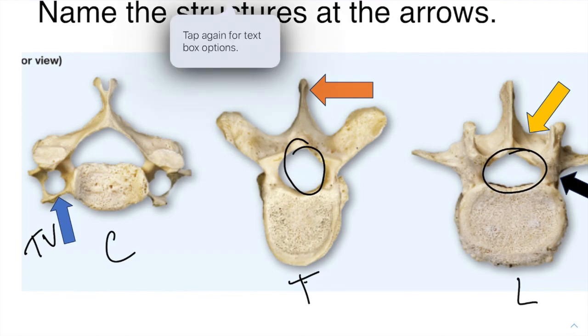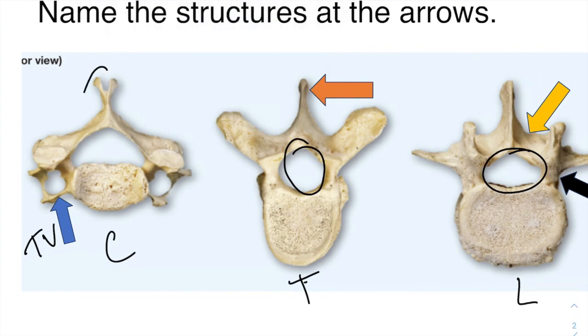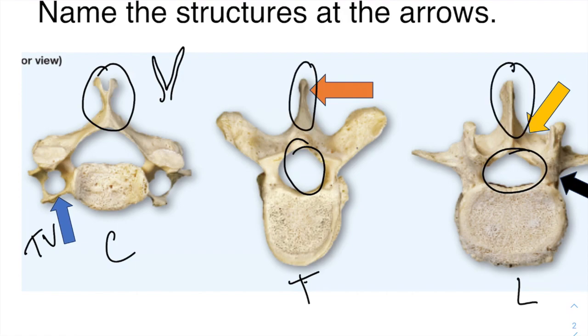The other important thing that you want to pay attention to is the bifid spinous process. Bifid means 2 prongs, like a fork has 3 prongs. Every other vertebra in the thoracic and lumbar regions will only have this 1 spinous process, whereas in the cervical region you will have these 2.